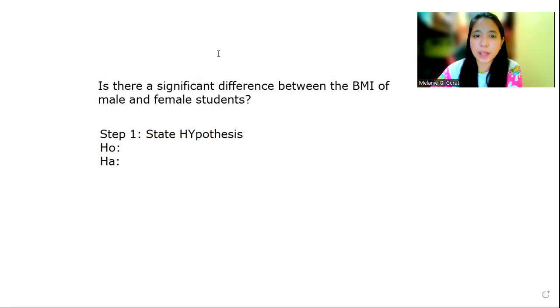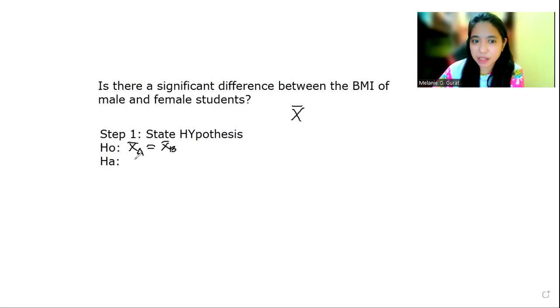So we know that the symbol for sample mean is X with bar. So we can state this as the mean of sample A, or the male, is equal to the mean of female BMI.